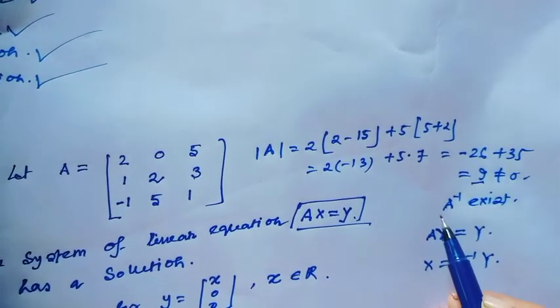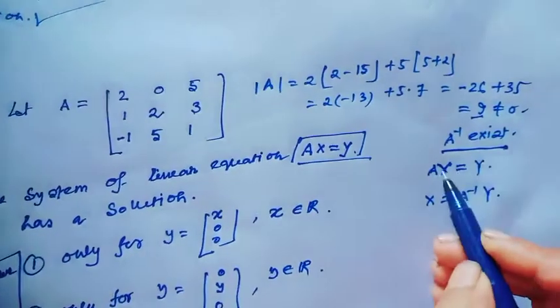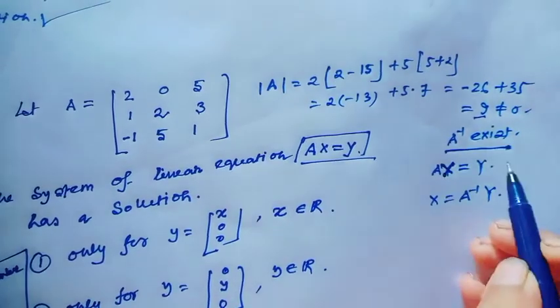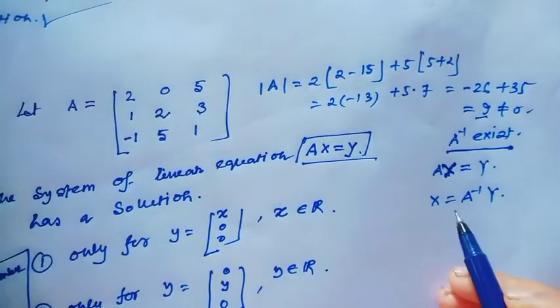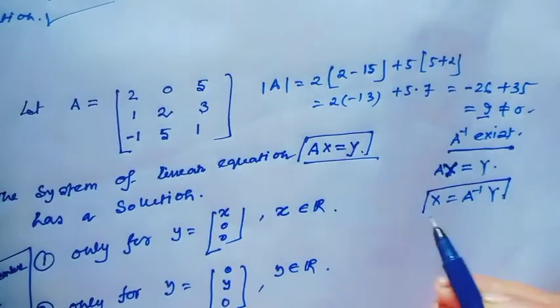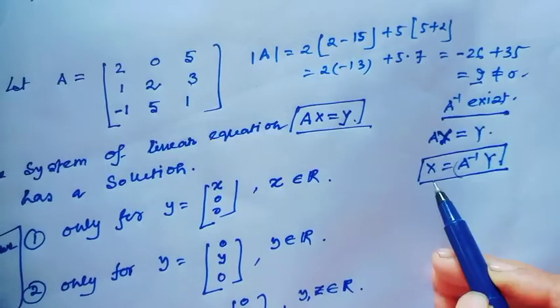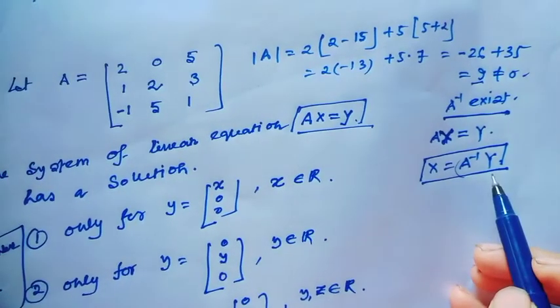That means obviously A inverse exists. So for the solution of Ax equal to y, since A inverse exists, we can write x equal to A inverse y. That means there exists a solution for all y.